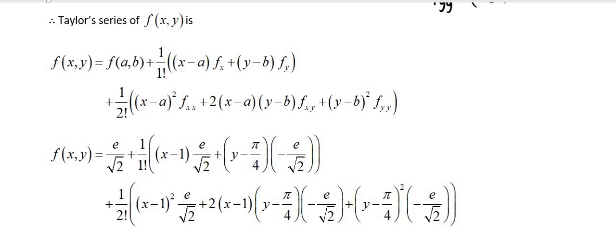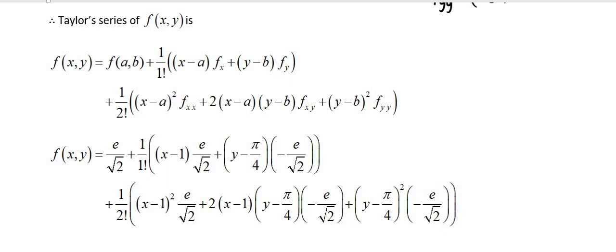Now we move to write the third term of the Taylor's series: plus 1 by 2 factorial, x minus 1 whole square. The value of fxx is e by root 2, plus 2 into x minus 1, y minus pi by 4.